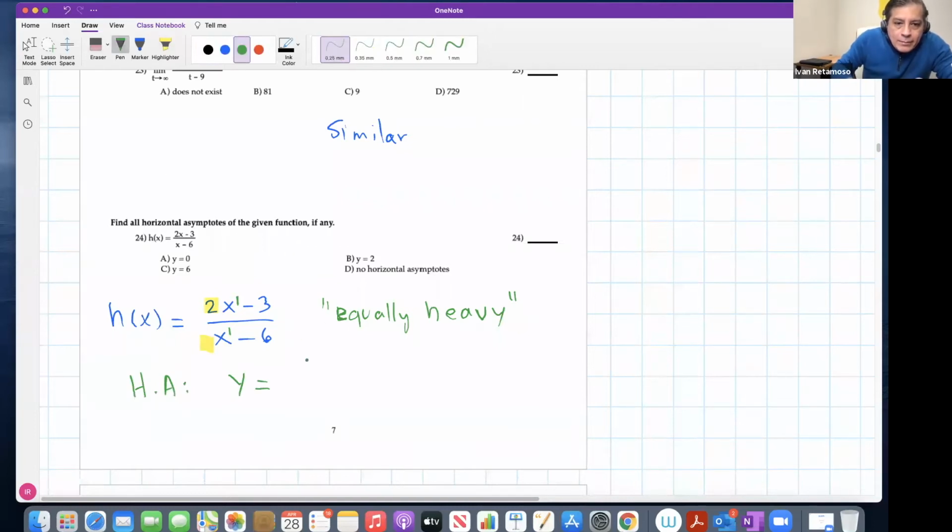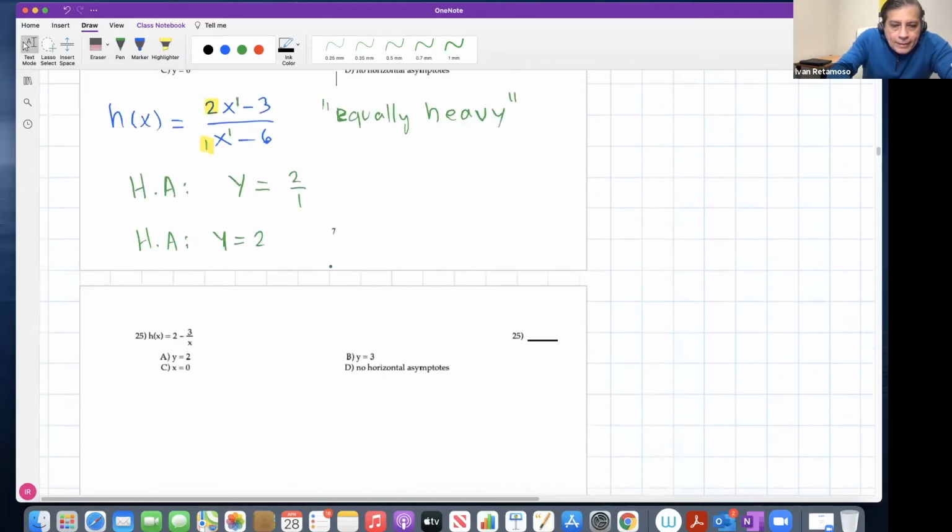Professor, there is nothing on the bottom. If there is nothing, this means that it is an invisible 1, right? So the equation of your horizontal asymptote is y equal to this guy. You follow, guys? For equally heavy rational functions, that is what we do. Great.